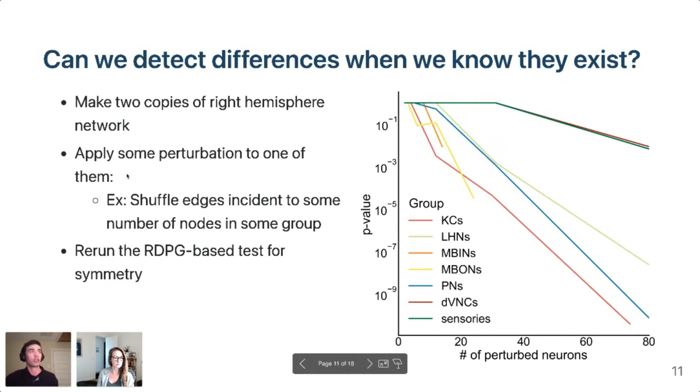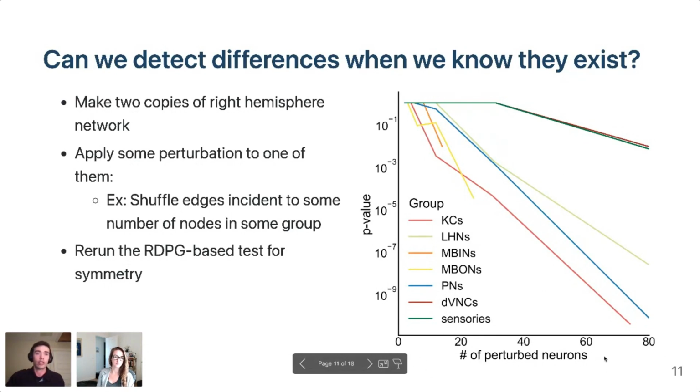We can then apply some synthetic perturbation to one of those. As an example here, I'm just shuffling all of the edges that are incident to some number of nodes. And then I can rerun this test and decide whether or not it picks up on that difference that I've just injected. That's what this plot on the right is showing, where the x-axis is essentially the effect size.